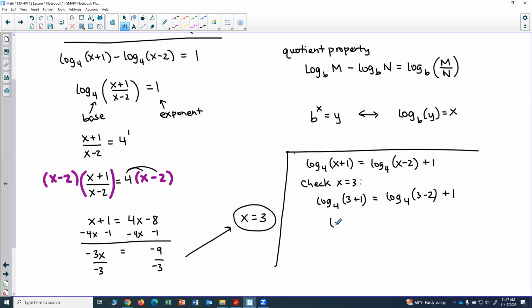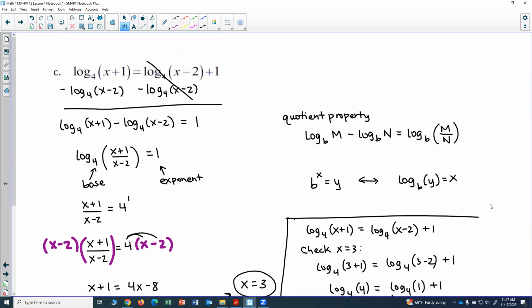So this gives me log base 4 of 4 equals log base 4 of 1 plus 1. Now we learned in our log properties that log base b of b is just 1. So this is 1. We also learned that log base b of 1 is always equal to 0. So 1 equals 0 plus 1. So that checks out. So we know that 3 is the correct answer.